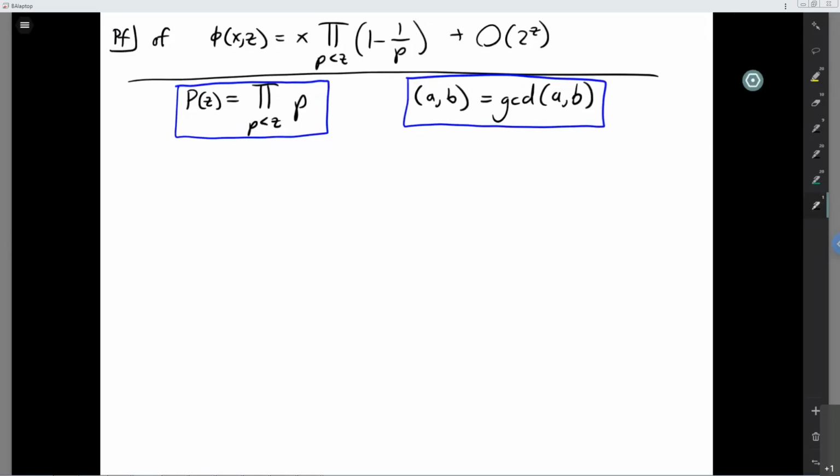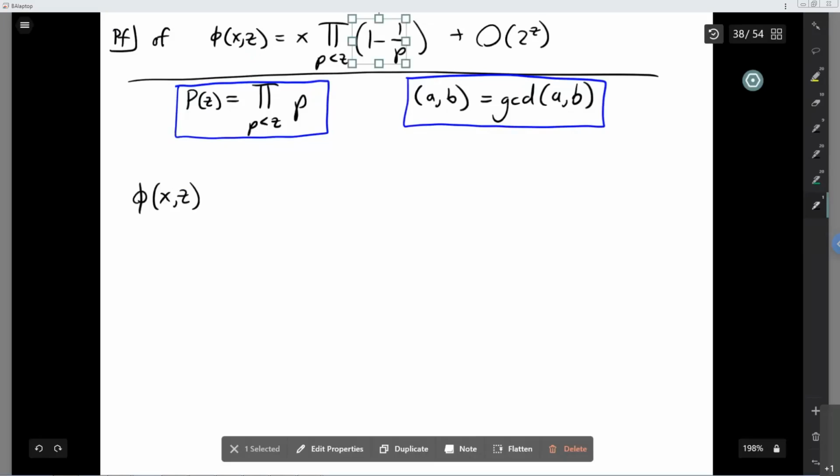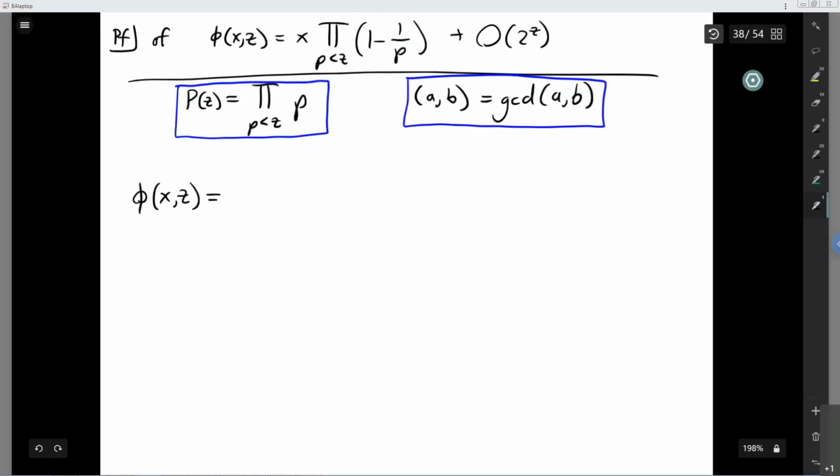All right. So let's go through and see where this main term and this error term are coming from. The definition of this function is that it's the number of integers less than or equal to x, so sum over all integers less than or equal to x, such that those integers are not divisible by any primes below z.